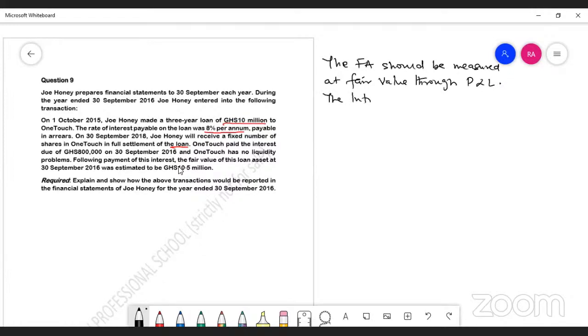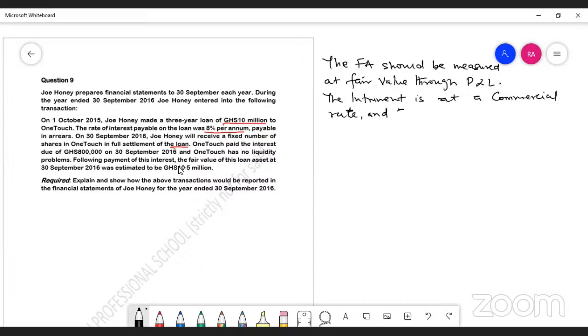The instrument is at a commercial rate. If it's at a subsidized rate, we have a way of dealing with such loans. It is at a commercial rate, and they also made mention of the fact that there will not be any principal, they will only redeem it by shares.